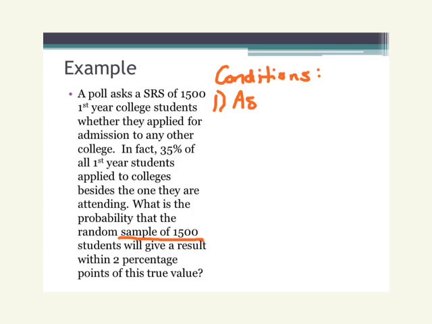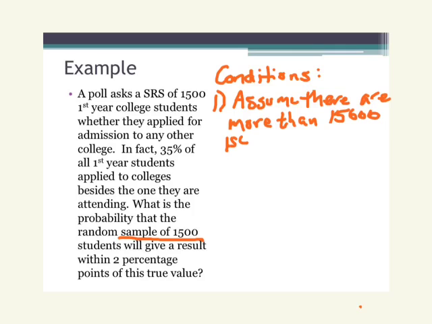We're going to say that we assume there are more than 15,000 first-year college students. Now, if that's true, which I think we're safe in assuming, then we meet condition number one, all right? So we're going to assume that condition number one is met.